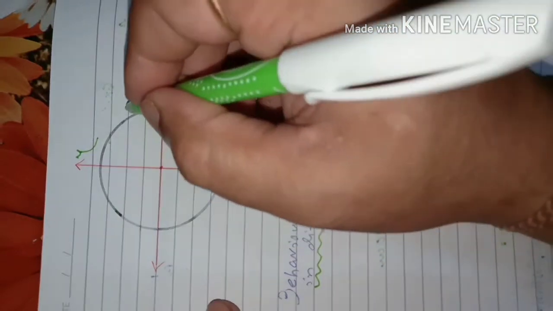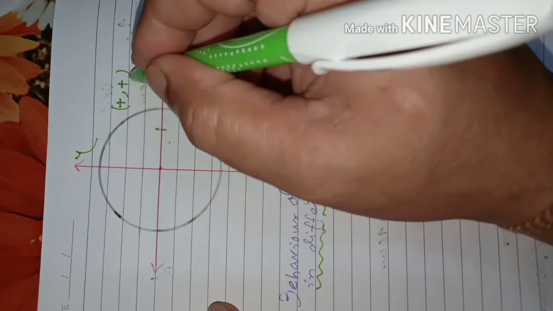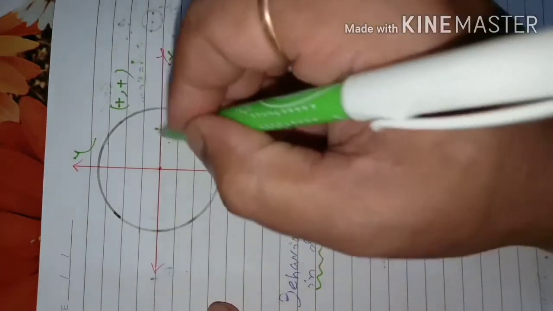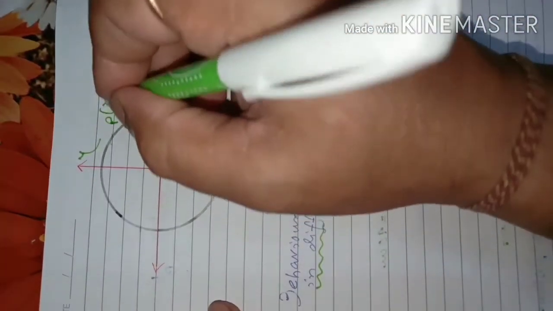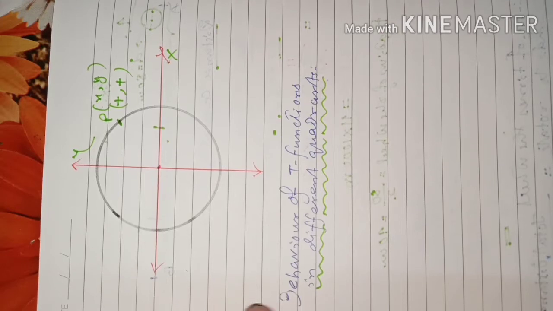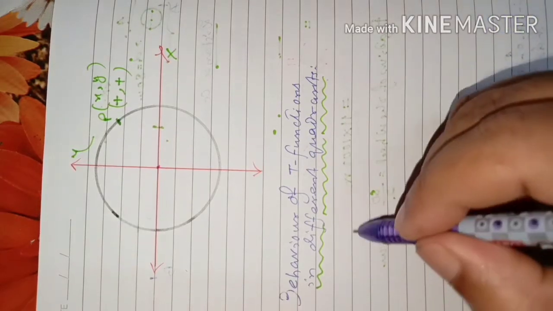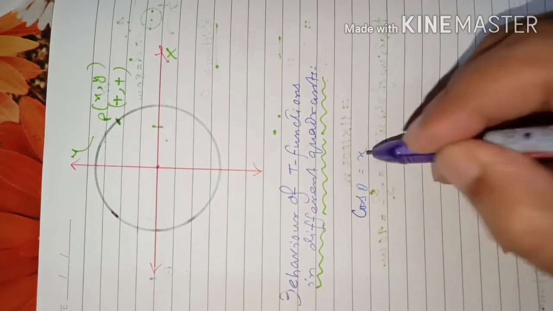In the first quadrant, abscissa is positive, ordinate is positive. So this is a unit circle. Suppose here is a point P and its coordinate is (x, y). Here x stands for cos theta, and y stands for sin theta.